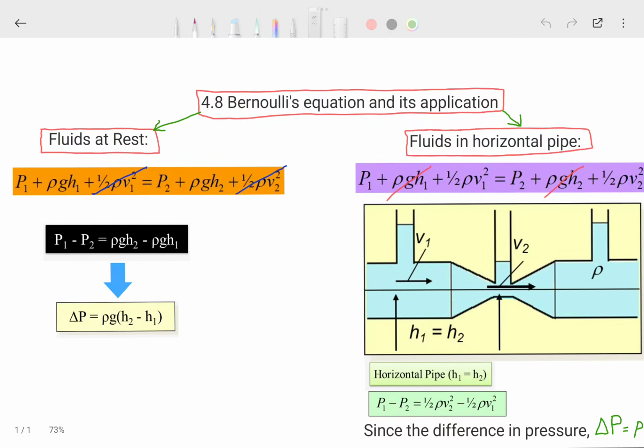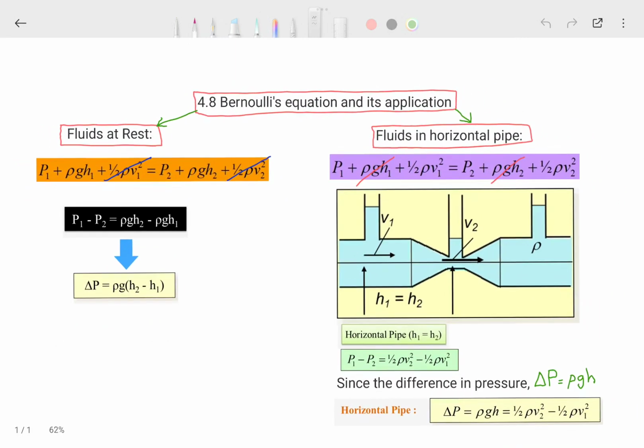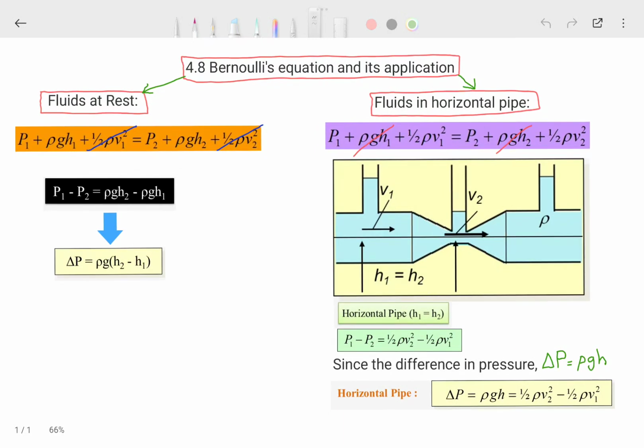In the case of a horizontal pipe, or fluid in a horizontal pipe, we have rho g H1 and similarly rho g H2. Horizontal means H1 equals H2. When they are equal, we can cancel them.